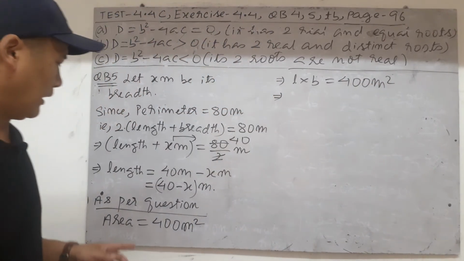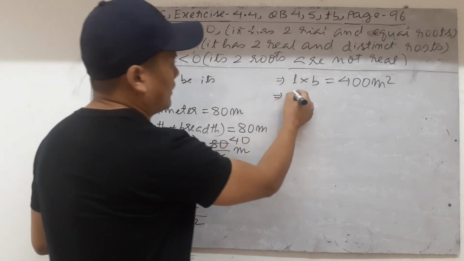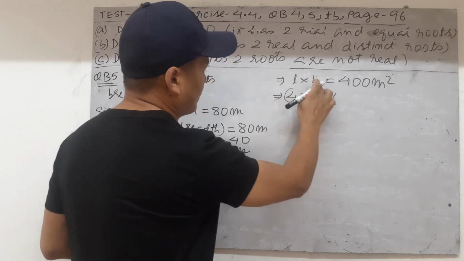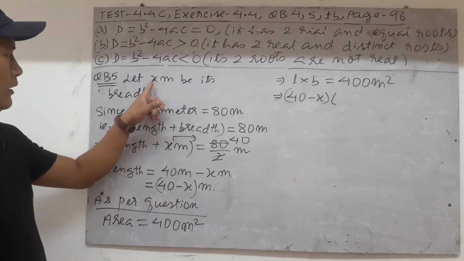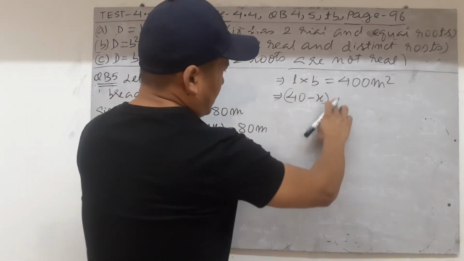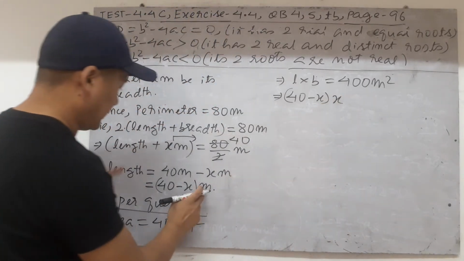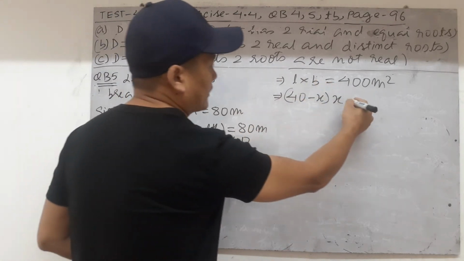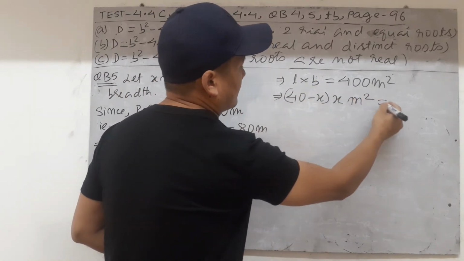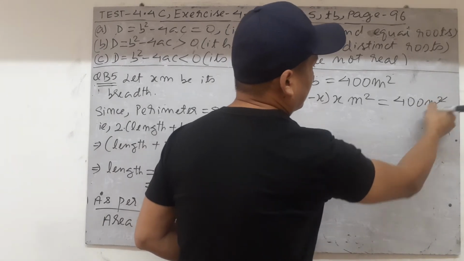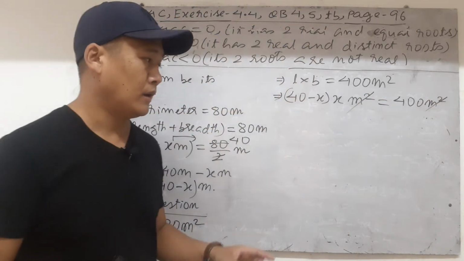That way, length is now expressed as 40 minus x meter, into breadth, which we've decided to take as x meter. Meter into meter is meter square, equal to 400 meter square. So this meter square and meter square can cancel.